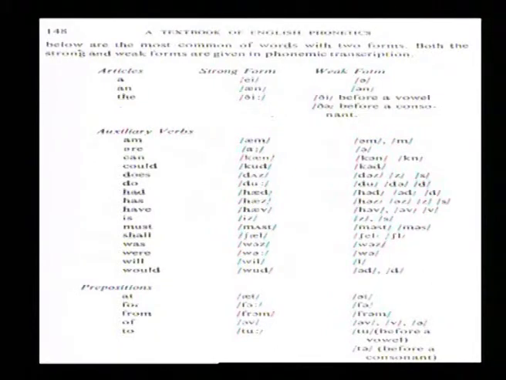What is the importance that we attach to this? When we say the word individually, if I try to write the word in my phonetic script, I would be writing the strong form. So if I have to write the phonetic script of am, I know that the vowel in phonetics is a combination of the letter A and E put together.